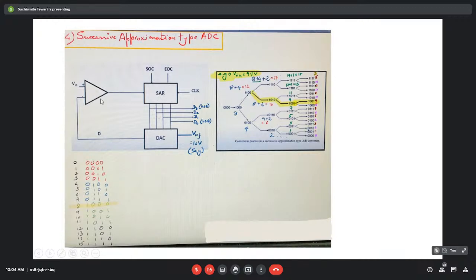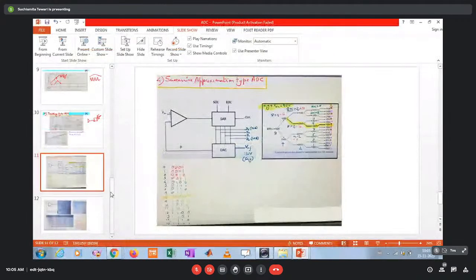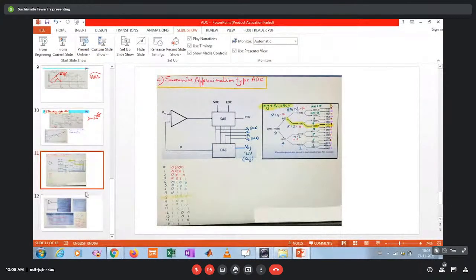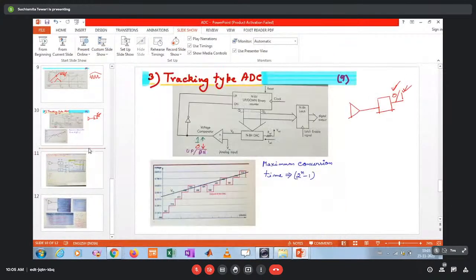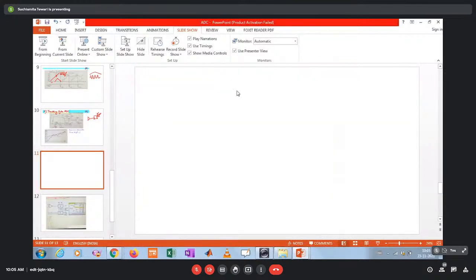Now, before going into the circuit schematic of this successive approximation type ADC, that is SA type ADC, let us try to understand the philosophy of it.